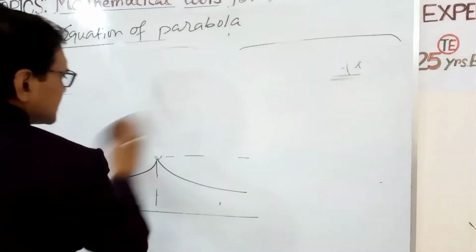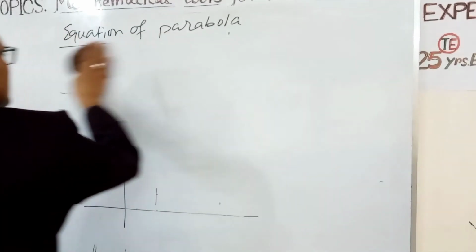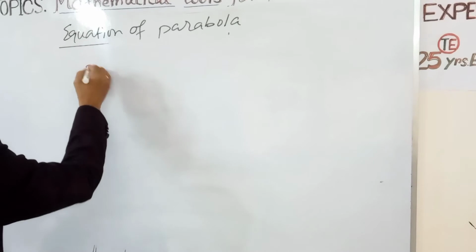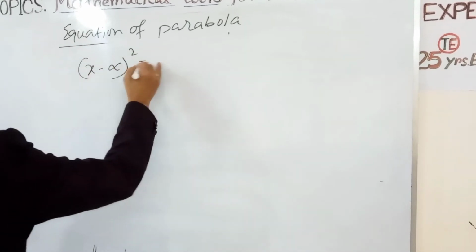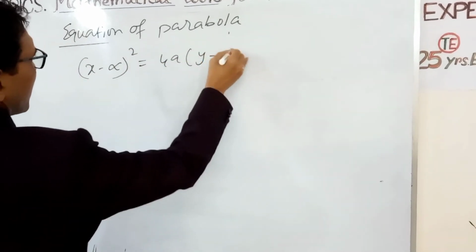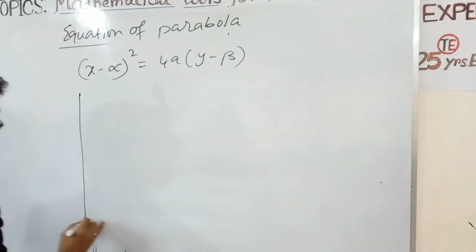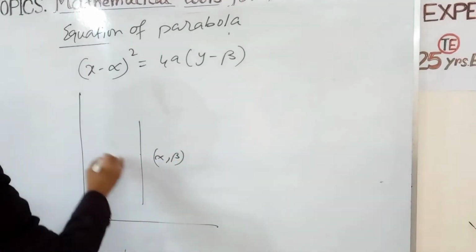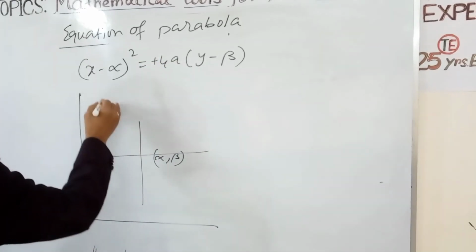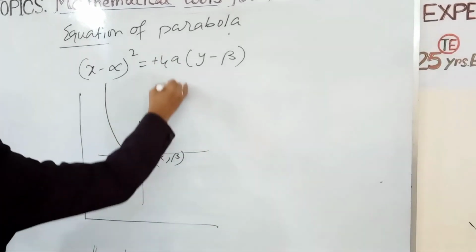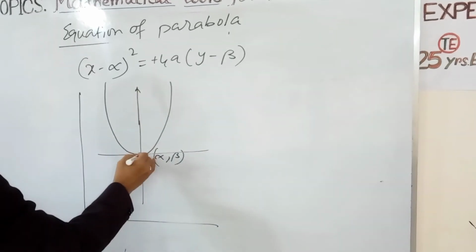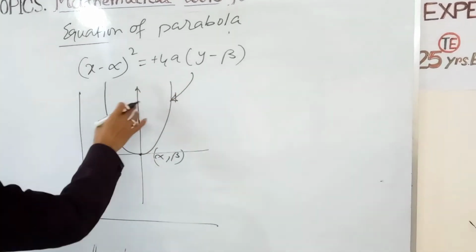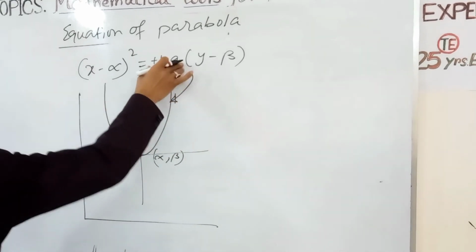Similarly, if the equation is in this form, this is the x-axis, y-axis, alpha, beta. Suppose here, if this is positive, then the opening will be along the positive y-axis. This is the vertex and the opening will be this. So this is the figure of this parabola given by this equation.